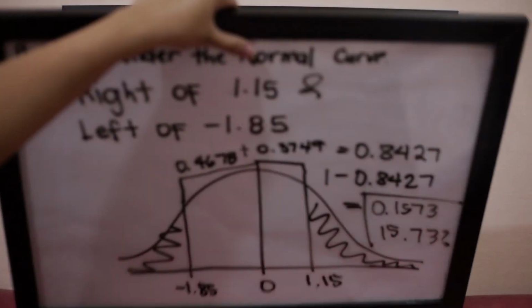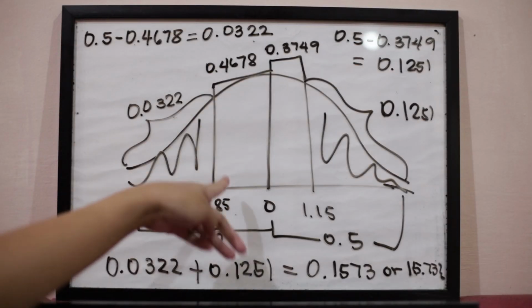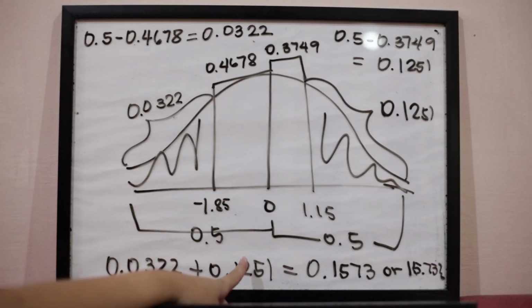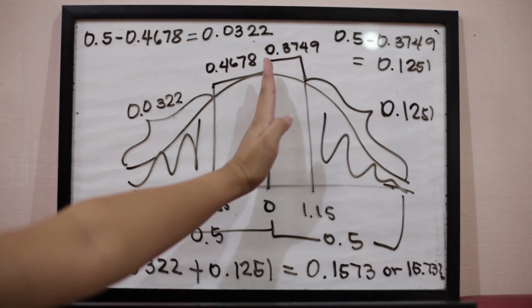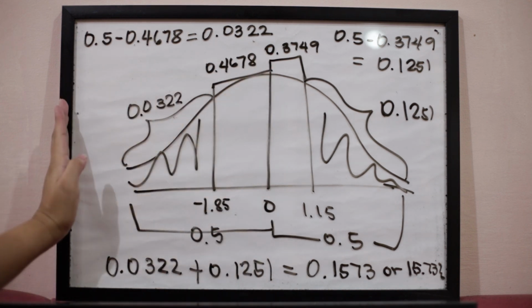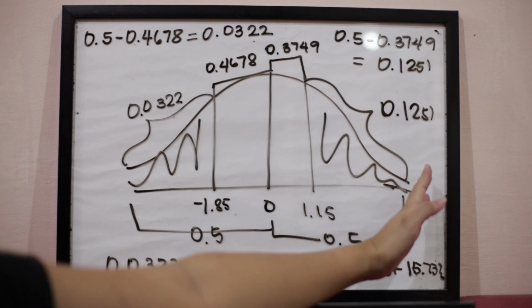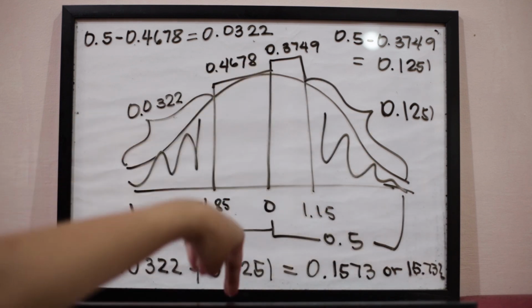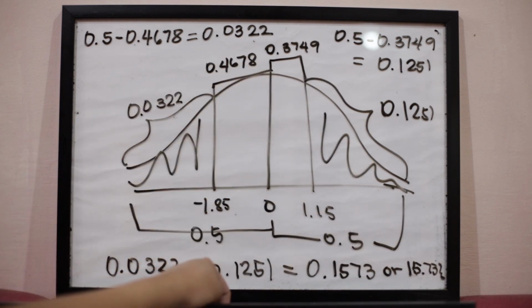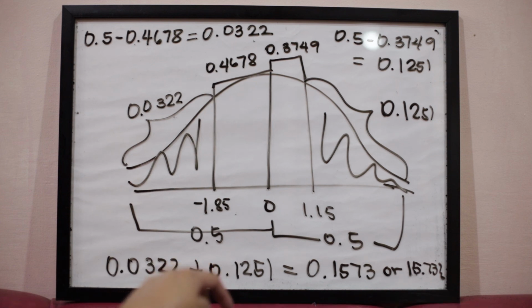But for the second one, it became step by step. You solve for the first half of the normal curve, and then the second half, and then you combine the two. So, it's up to you. Most likely, those will be the scenarios you will encounter for the areas under the normal curve.